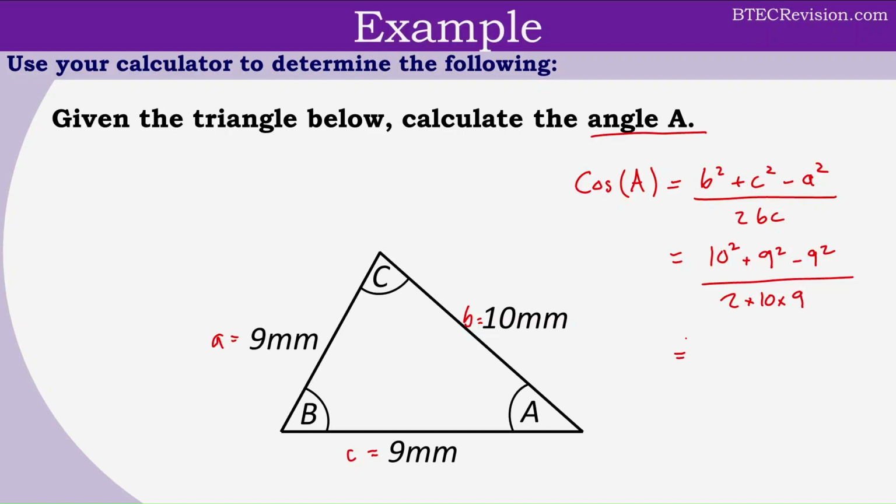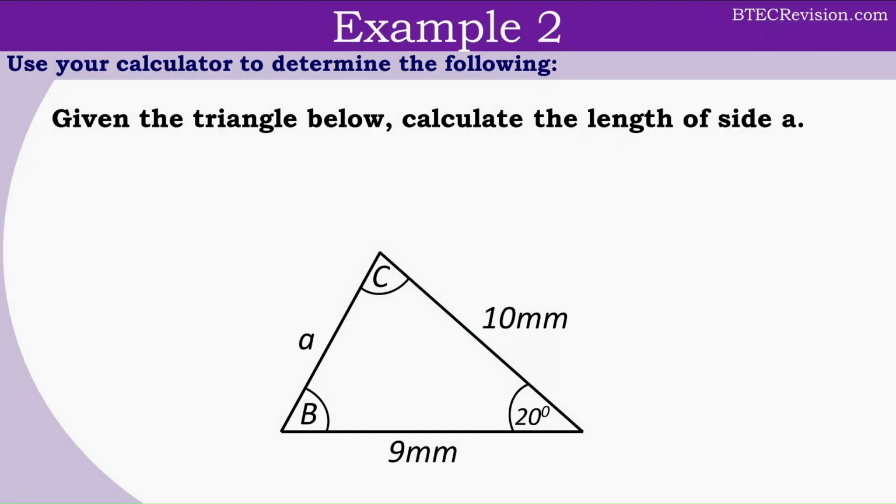And that equals 5/9. And cos A is equal to that. So to work out A, we'll take the inverse cos of 5/9, and that gives us 56.3 degrees to 3 significant figures.